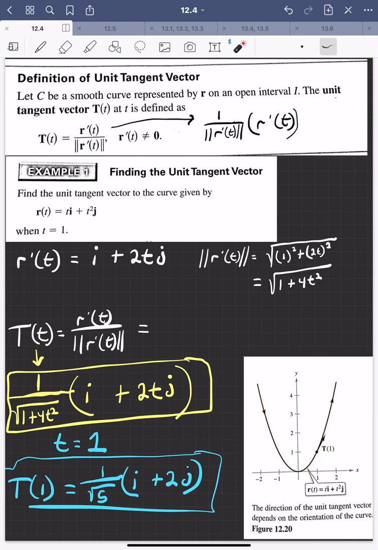And then now look at T of 1, and just like I was mentioning prior, you can see the direction of motion pointing, so that is pointing the direction of motion.